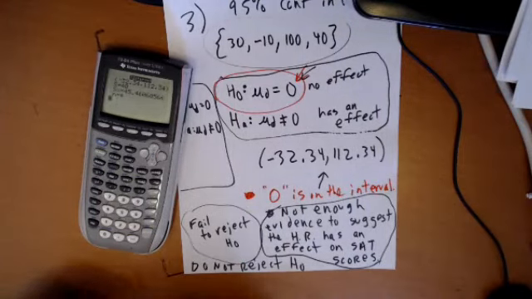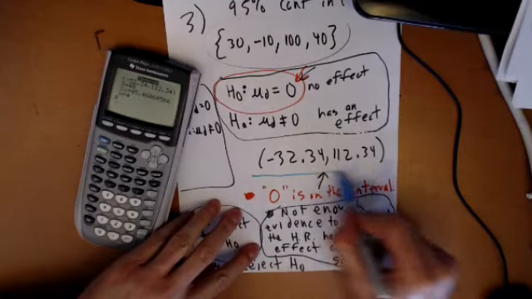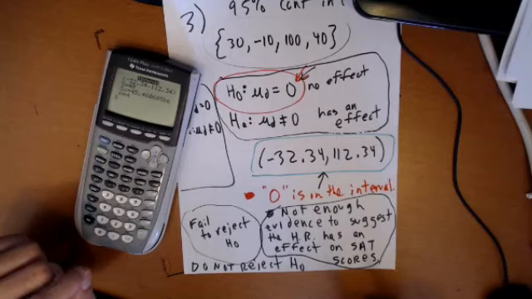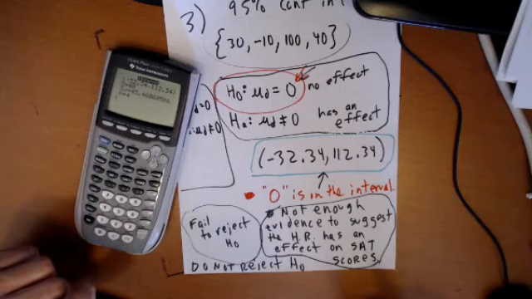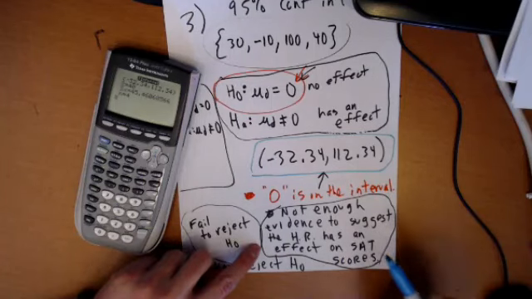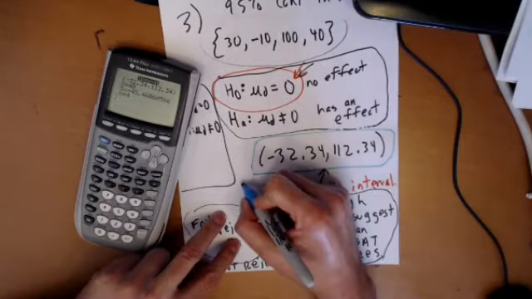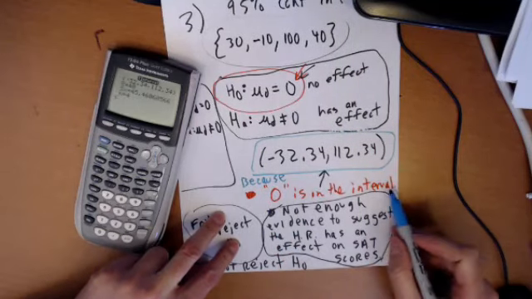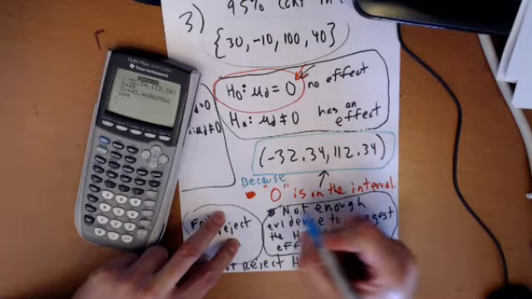Okay, so construct a 95% confidence interval. That's right here. Based upon your confidence interval, is there any statistically significant difference between the means? Explain your reasoning. So maybe I would say, maybe add the word because.